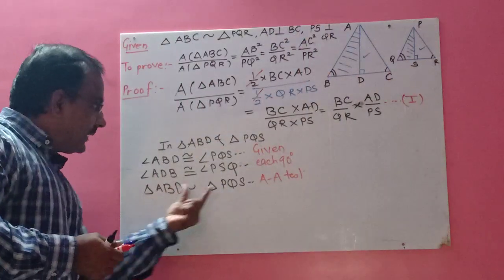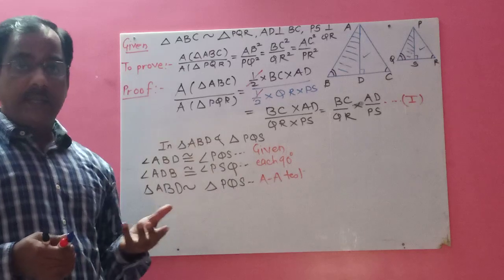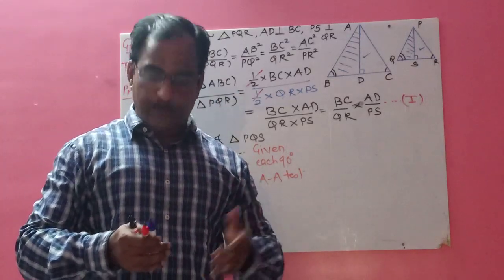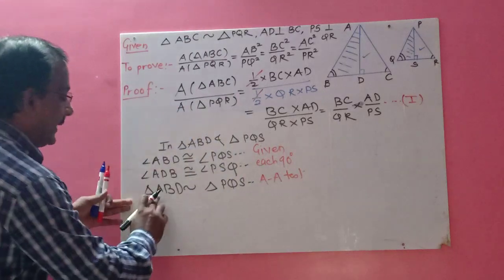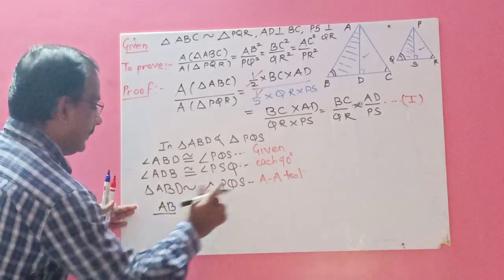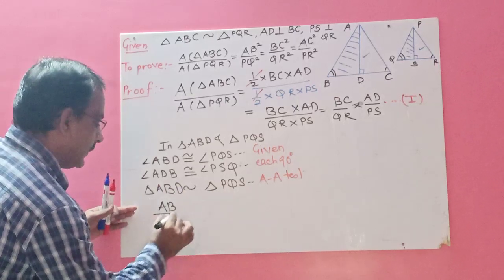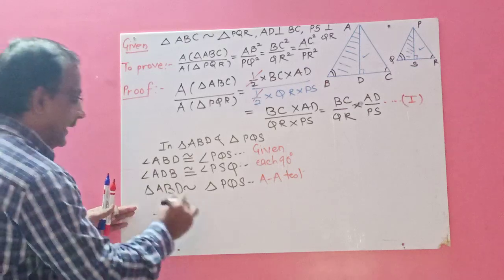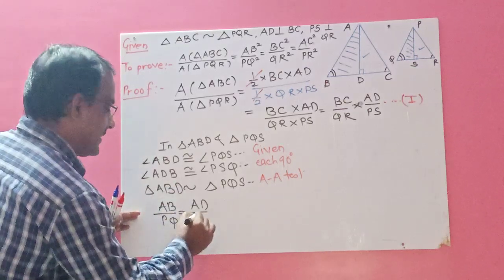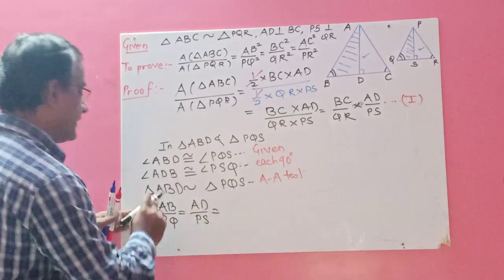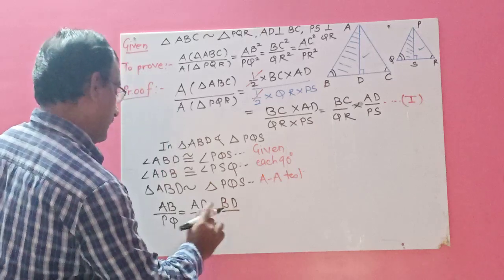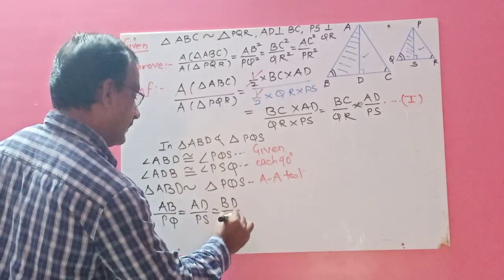Children, when two triangles are similar, what about their corresponding sides? Their corresponding sides are in proportion. I mean to say that AB upon PQ is equal to AD upon PS, and this is equal to BD upon QS.